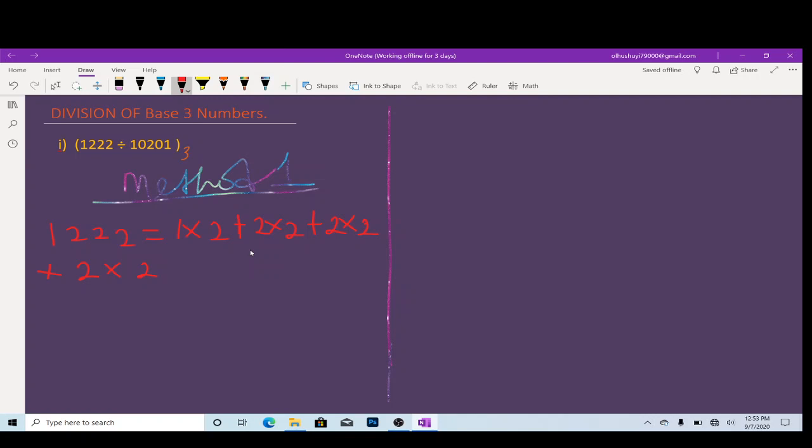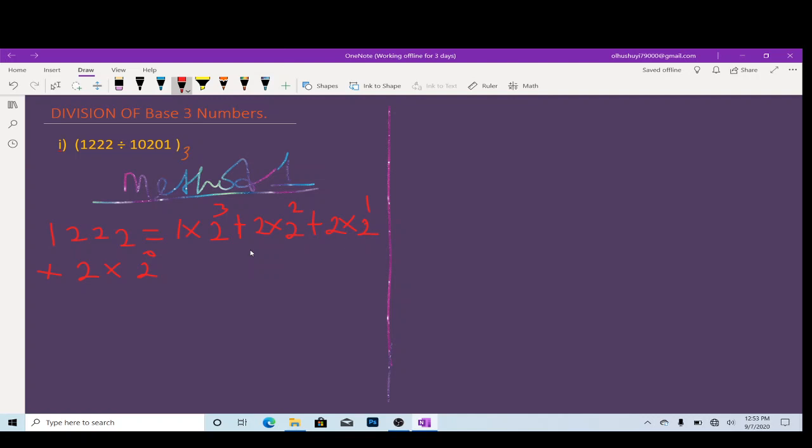Then you power 0, 1, 2, 3. Yeah, that's conversion to base 10. You power the bases that you are working with.